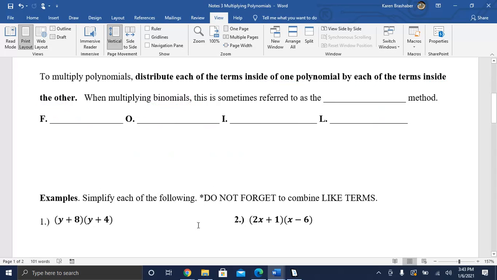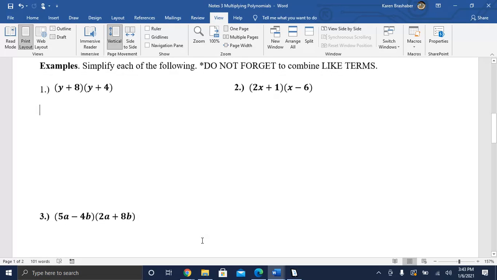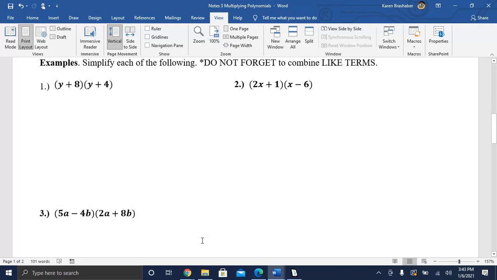So in these examples, we'll be multiplying y plus 8 and y plus 4. So I'll be distributing, and I'm going to go ahead and make 4 blanks to be filled in.